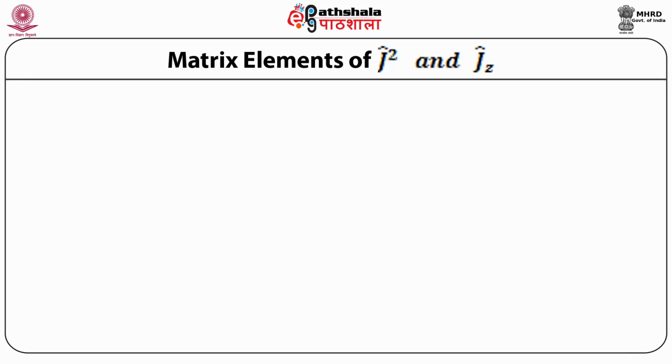Matrix elements of operator J square and operator Jz. Now we shall discuss the matrix elements of the operators J square and Jz, which are operators of the angular momentum.